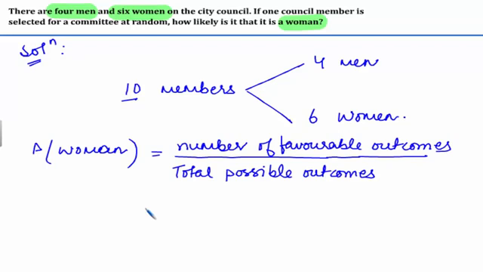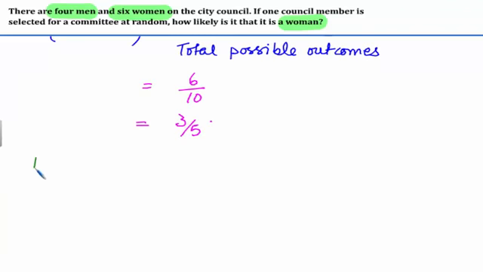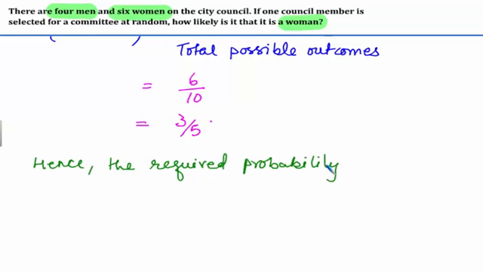So we have 6 upon 10, and this is equal to 3 upon 5. Hence the required probability that a woman member is selected at random is 3 upon 5. This completes the solution.